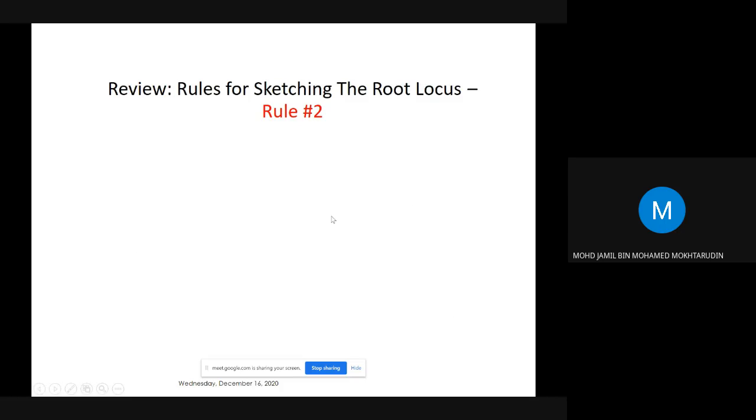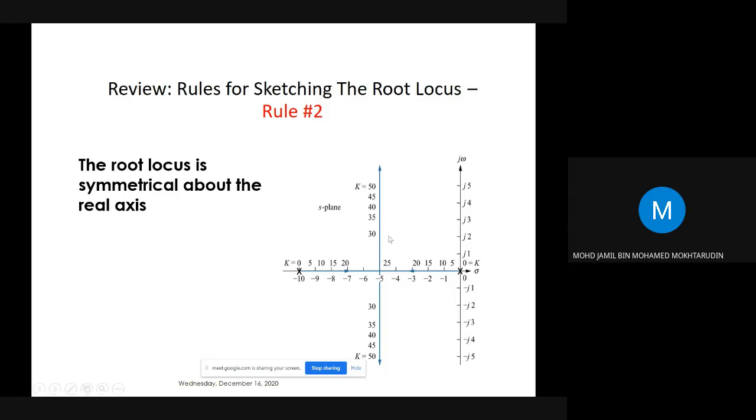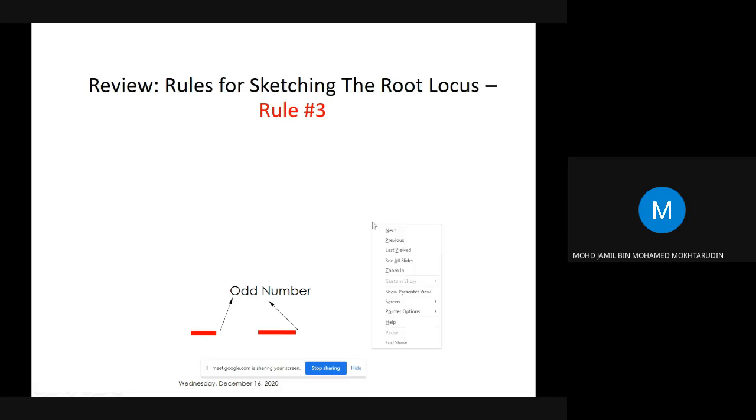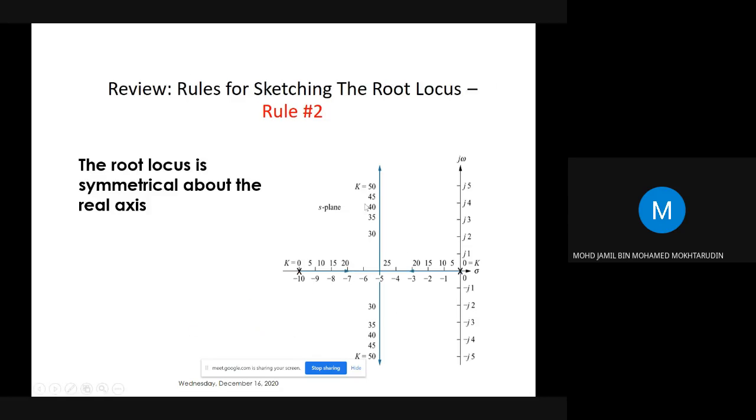Okay, so the rule number 2. So the root locus is always symmetric about the real axis. So this is the same example. If you look at the root locus, it's symmetric about the x-axis, the real axis.